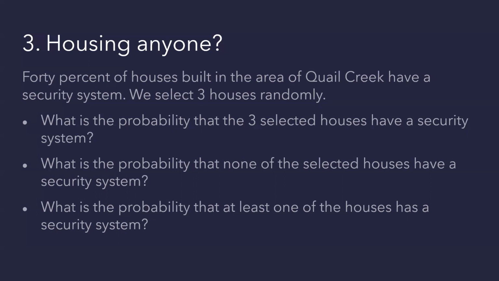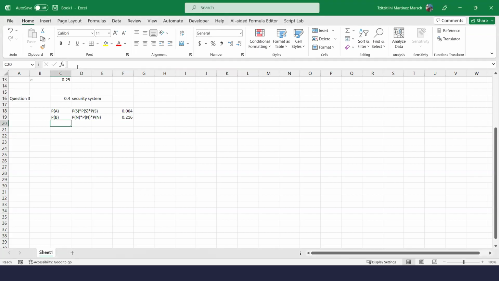And then it says, what is the probability that at least one of the houses has a security system? If we want this probability, we're going to label it probability of C. This is at least 1. So knowing that we have at least one of these houses, let's eliminate the probability of none of them having it. So it'd be 1 minus the probability of none having it.